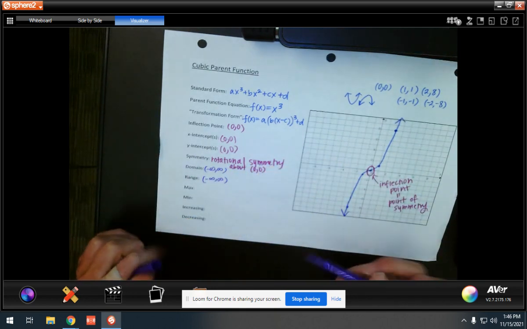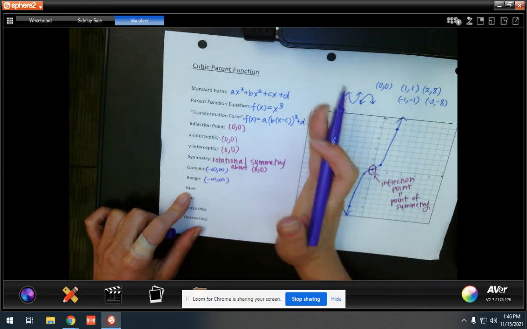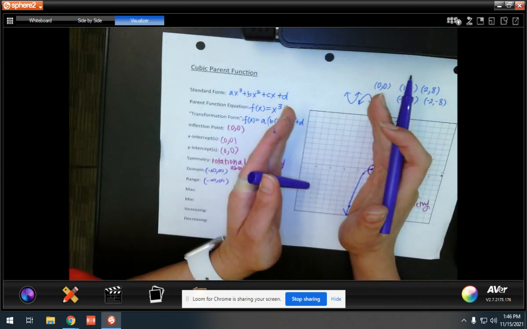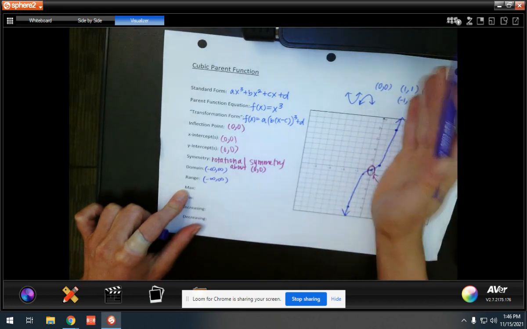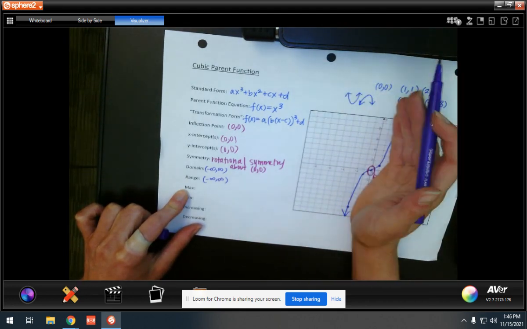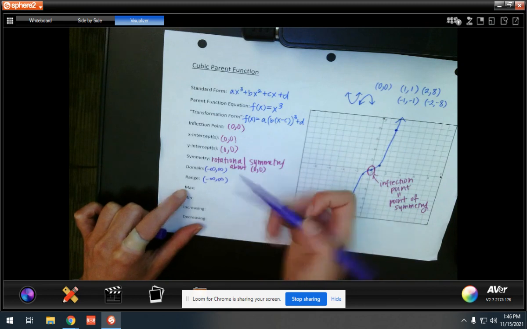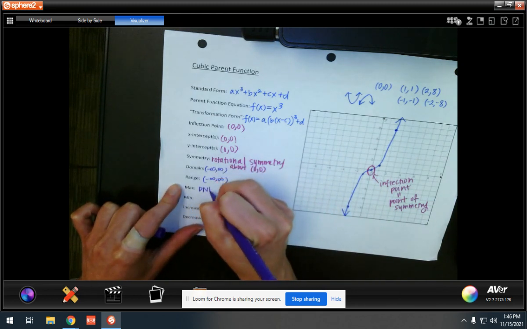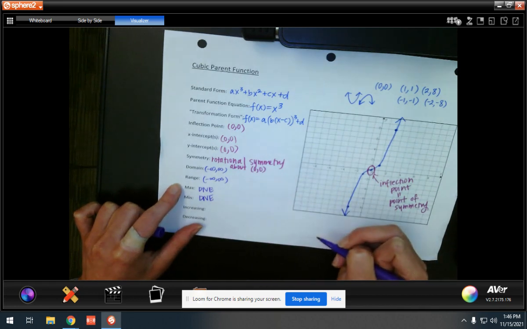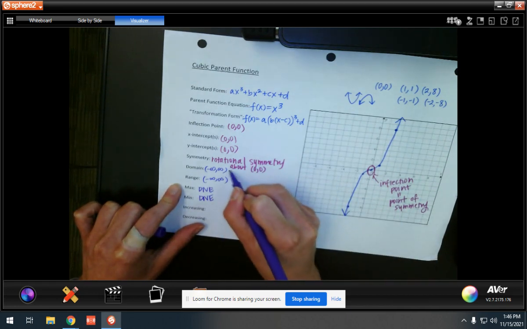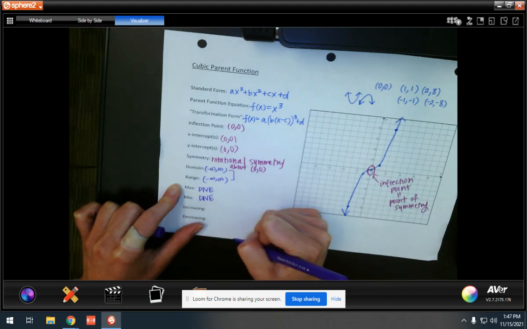Okay, and then for max and min, we are going to be finding max and min on given intervals, just like we did for absolute value. But for just the parent function, if I don't limit the domain to a specific interval, they don't exist. So just write DNE for does not exist, because both domain and range are all real numbers.